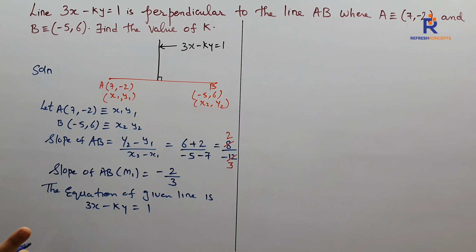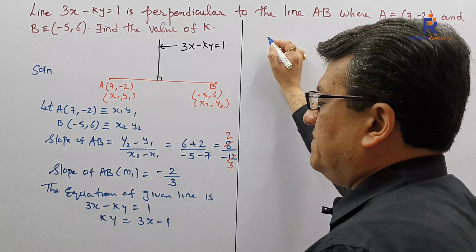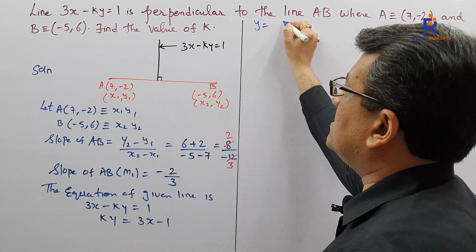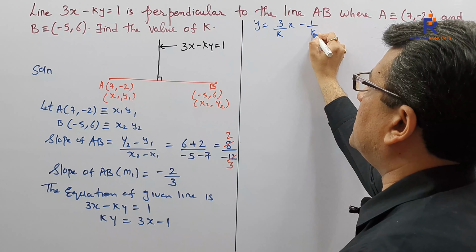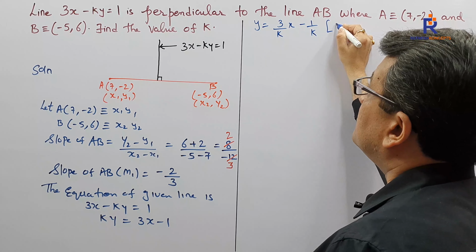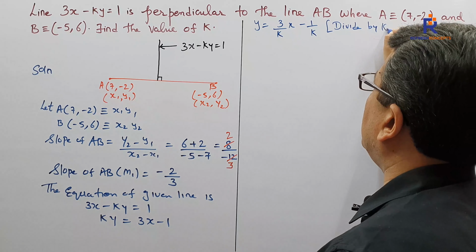There are many ways also, but we are preferring y equals mx plus c. So when I convert to y equals mx plus c format, can I say ky equals 3x minus 1? I need to divide it by k. So when I divide by k, what do I get? y equals 3 by k of x minus 1 by k. Where did I get it from? Divide by k.